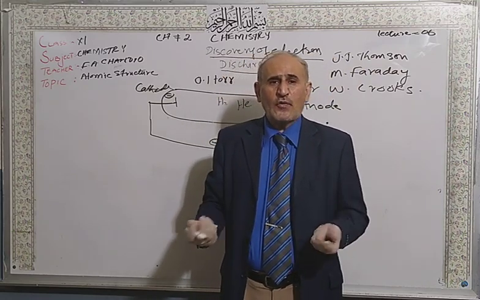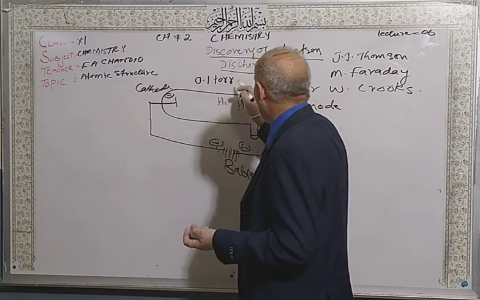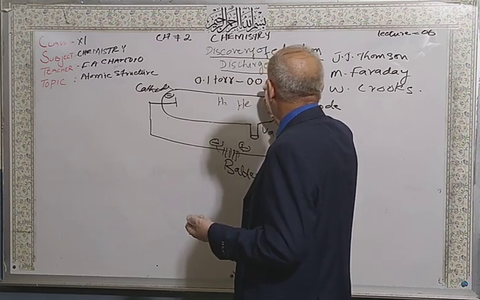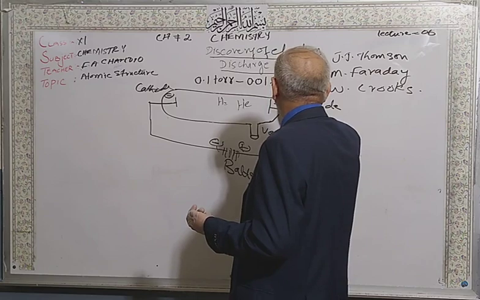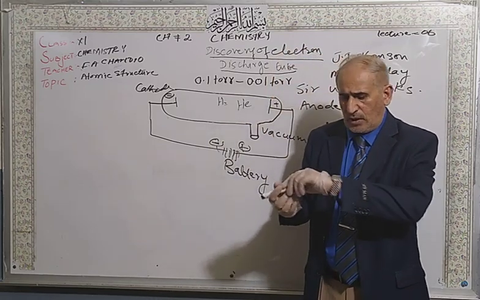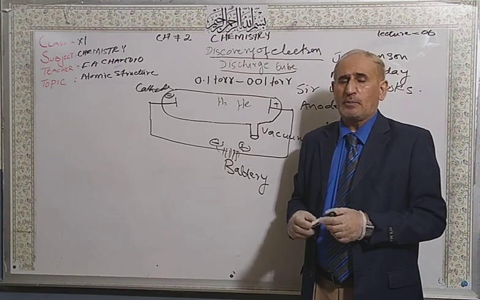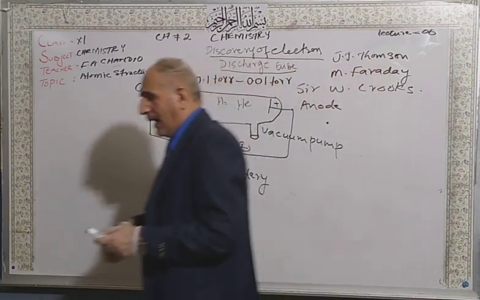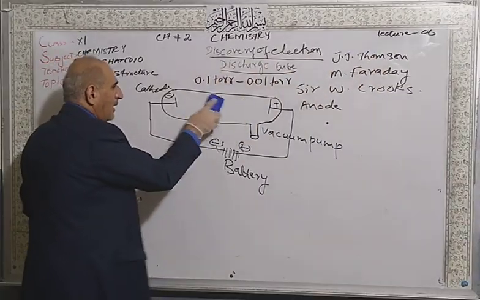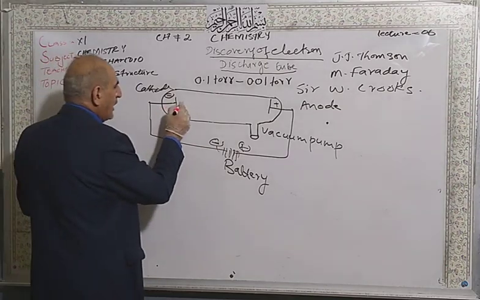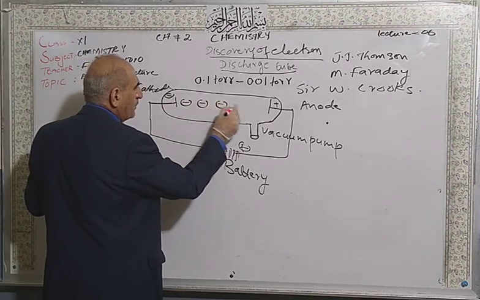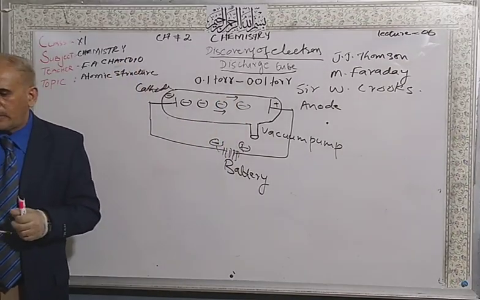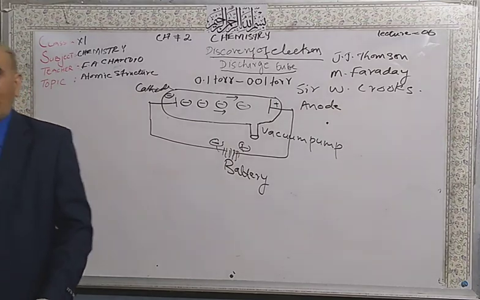This glowing disappears when the pressure is adjusted to 0.01 torr. Then the original glowing disappears, and negatively charged particles travel from the cathode to the anode.